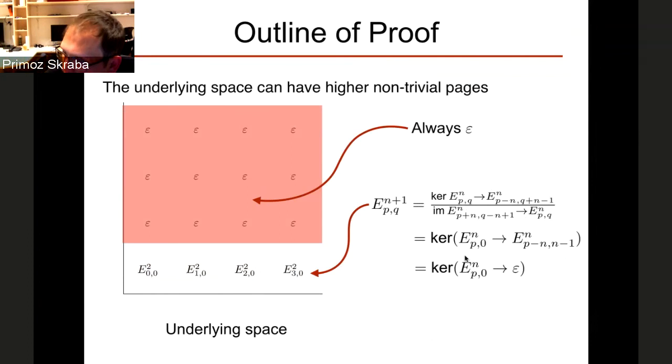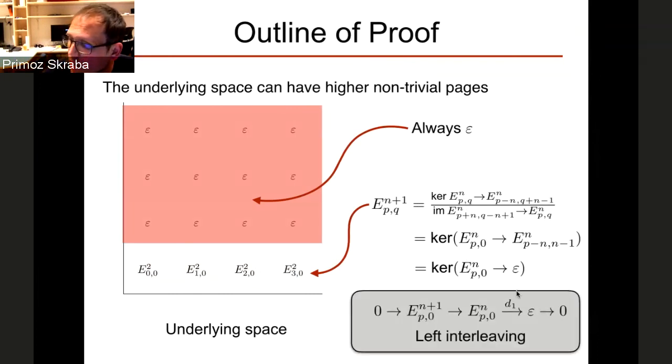So we can just look at the kernel of something into an epsilon trivial module, right? And if we write this down, what we get is a short exact sequence of an epsilon left interleaving. So this very explicitly gives you an epsilon left interleaving between the n+1 page and the n page.